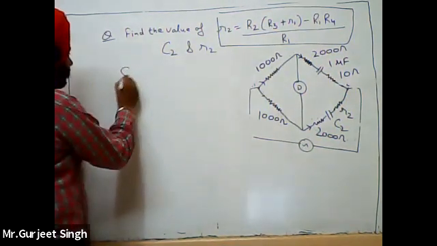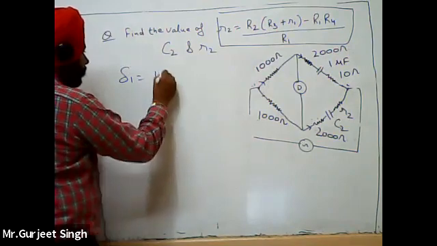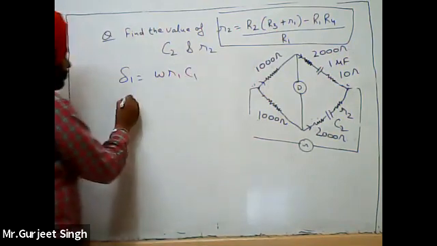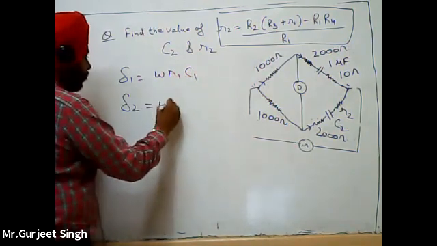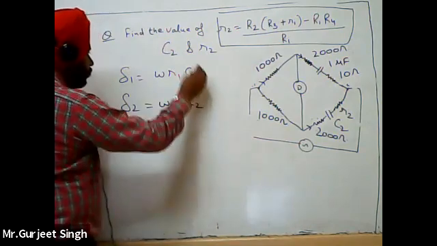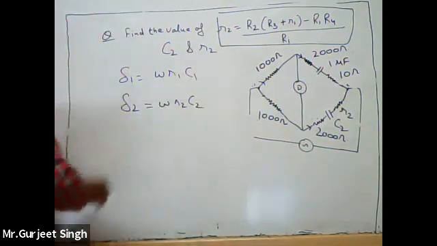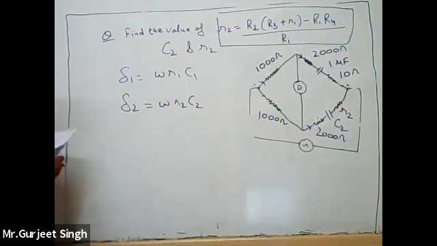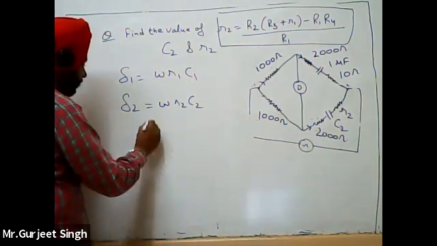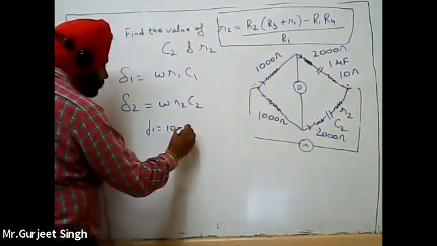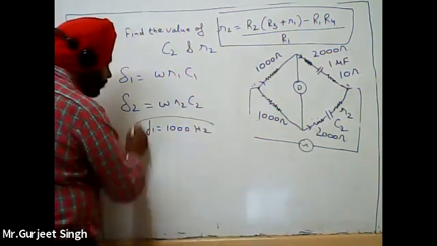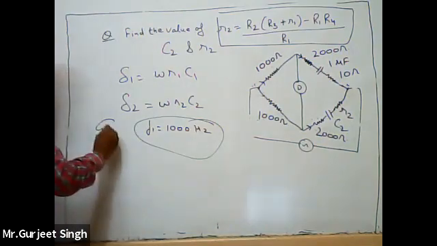So phase angle error delta 1 is equal to omega R1 C1. Similarly, delta 2 is omega R2 C2. So in the numerical, if you find out the value of delta 1 and delta 2, frequency is given in the numerical, that is 1000 hertz. Okay, this value is given in the numerical part.